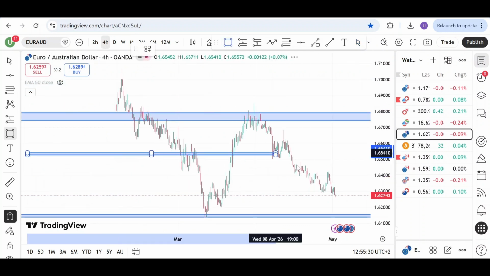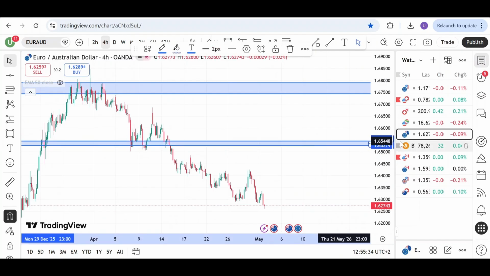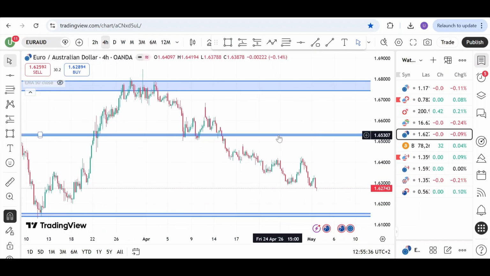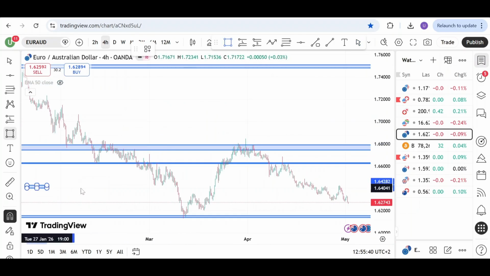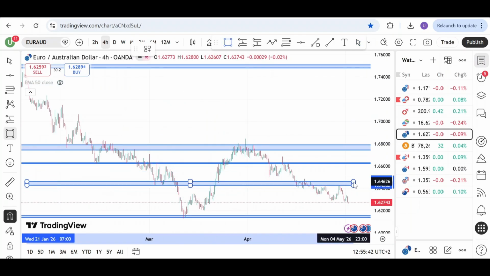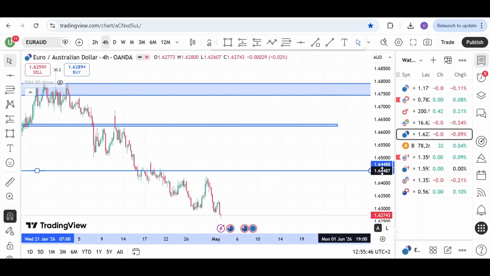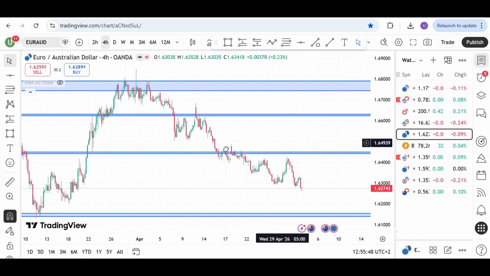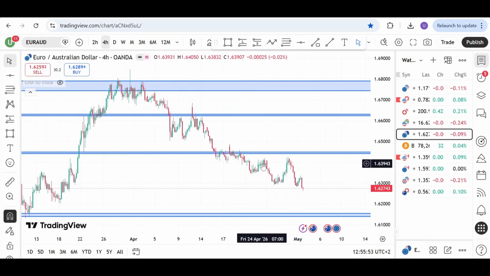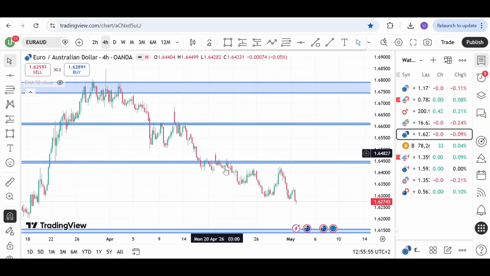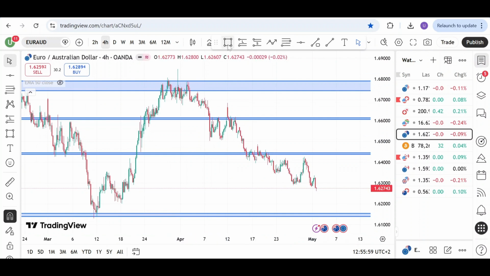You see, this is H4 time frame. This is a level here. Now this is another level here. We are in a beautiful downward trend here. You can see we are a price action trader.